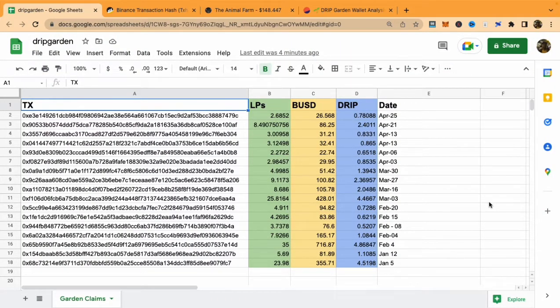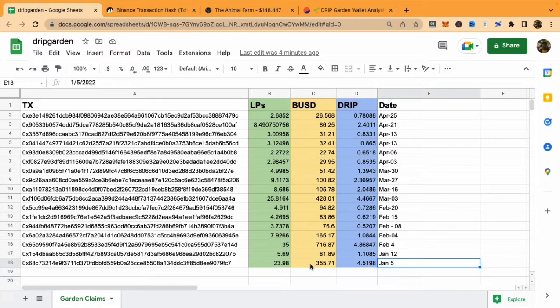Okay, I went into my BSC scan for my wallet and took out all the transactions where I actually withdrew liquidity from the drip BUSD pool or the drip BUSD garden. Okay, so I got in on December 16th, and the first time I made a claim was on January 5th here.